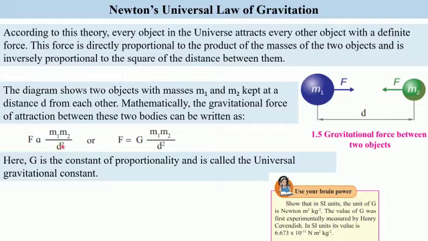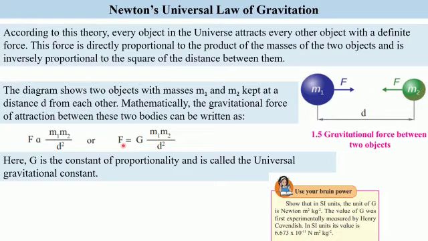Now, if we want to remove this proportionality sign, we need to introduce a constant of proportionality. This proportionality constant here is called the universal gravitational constant. It is indicated by capital G. So this force of attraction is equal to G m1 m2, that is the product of the masses, upon the square of the distance, that is d square.